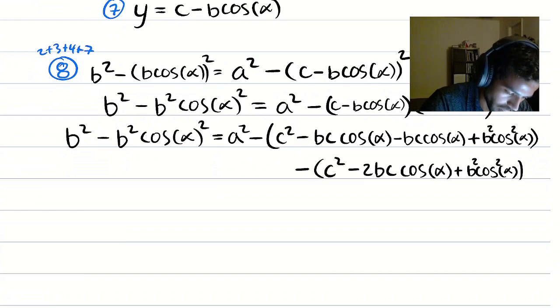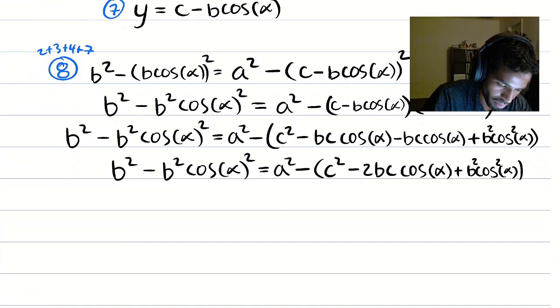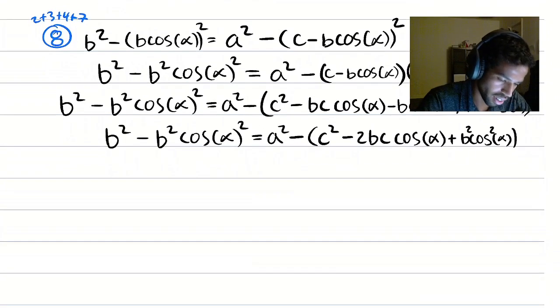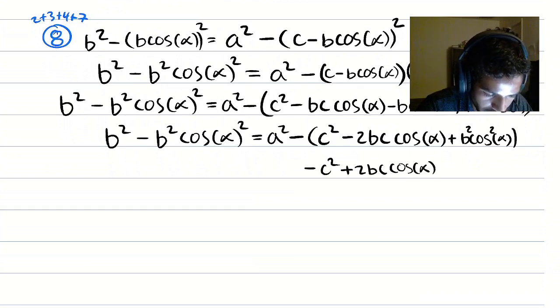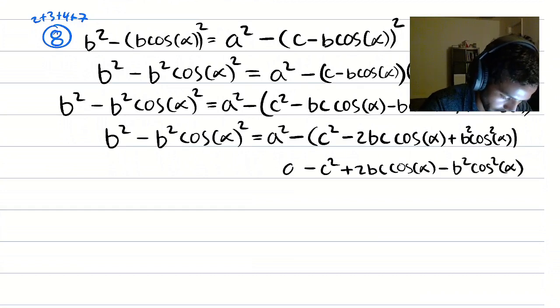Okay, so we still have that negative, and then I'm just going to copy down the rest here. And then I'm going to distribute this negative sign to everything. So distribute that negative. Everything's going to get a negative over here. Okay. So negative c squared, that's going to be plus 2bc cosine of alpha minus b squared cosine squared alpha and a squared.